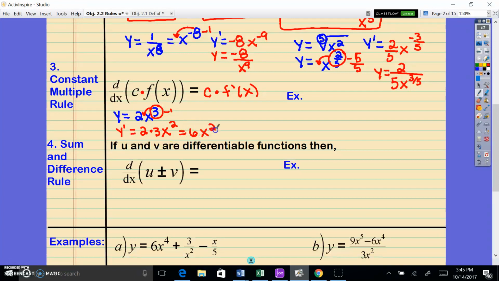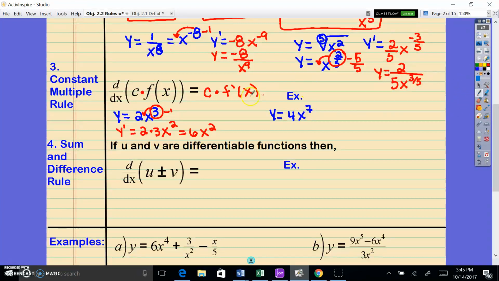Now that was kind of a long way of doing it. A lot of people would just know in their heads, you're going to drop this to the front. It'll be 2 times 3, which is 6, and then subtract 1 from the power. So let's do another one just real quick. So let's say I had y equals 4x to the 7th power.